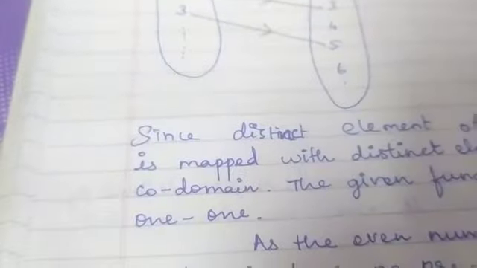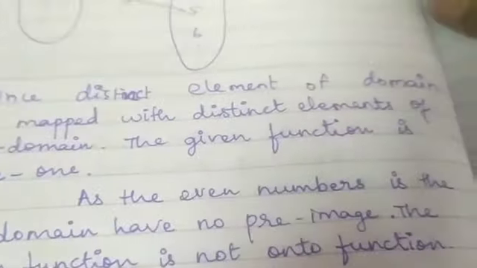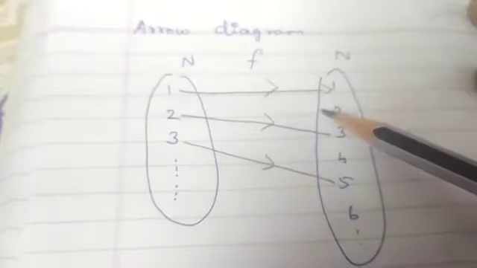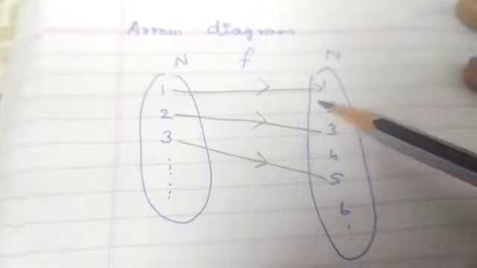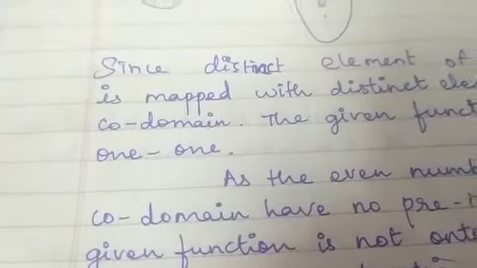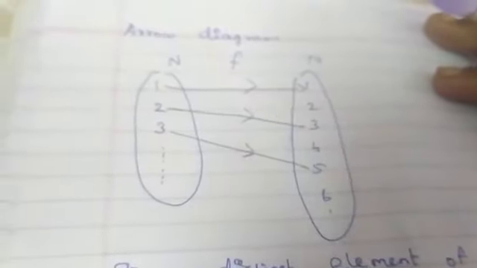So our final answer will be, since distinct elements of domain are mapped with distinct elements of codomain. That is, distinct is nothing but it will have a gap between the numbers. The given function is one-one. That is, you can see here that one element of N is only joined with one element of this N, and 2 element of this N is only joined with 3 element of this N. So it is called a one-one function.